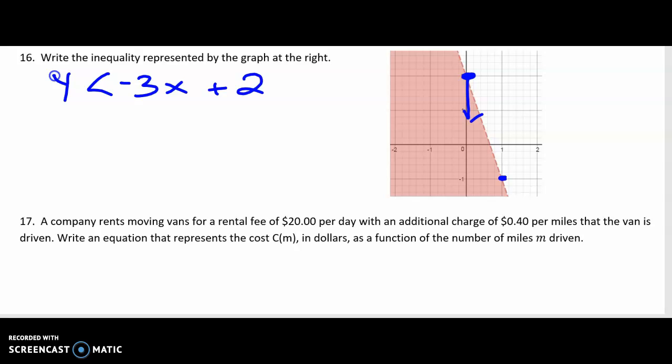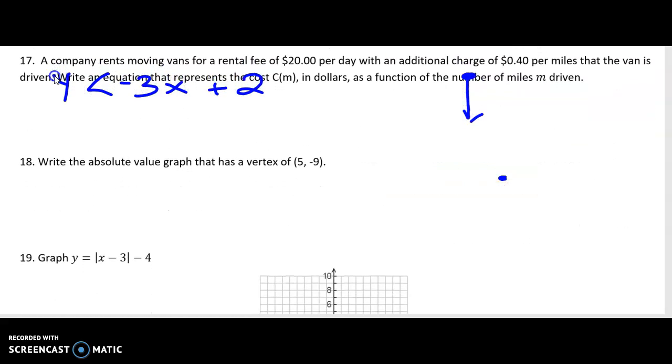Okay, number 17. A company rents moving vans for a rental fee of $20 per day with an additional 40 cents per mile. This wants us to write an equation that represents the cost in dollars as a function of number of miles driven. So all we've got to do is come up with our equation here.